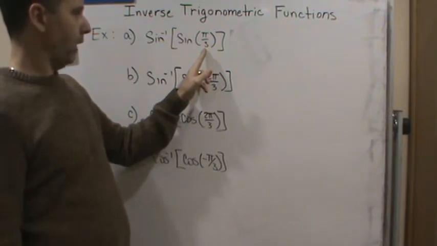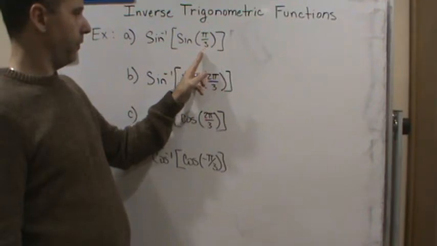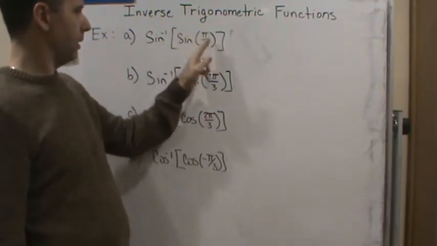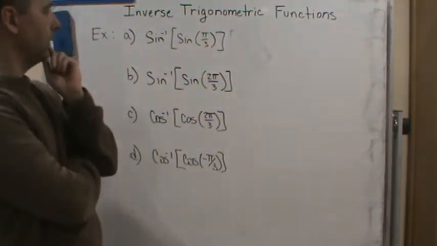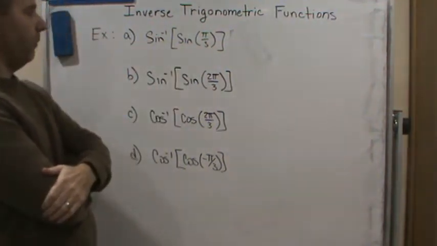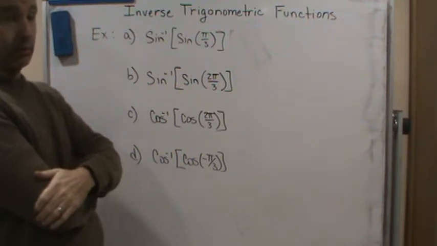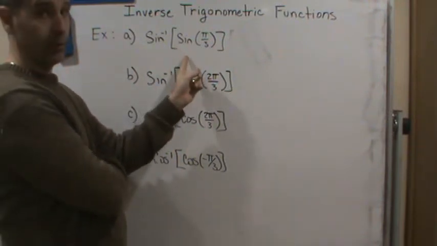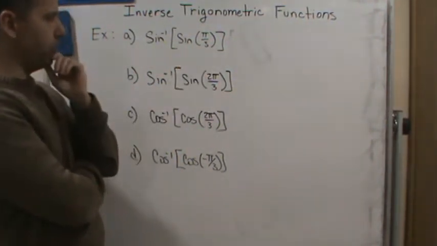So this here is going to control what the domain is. So this is negative pi over 2 to positive pi over 2.